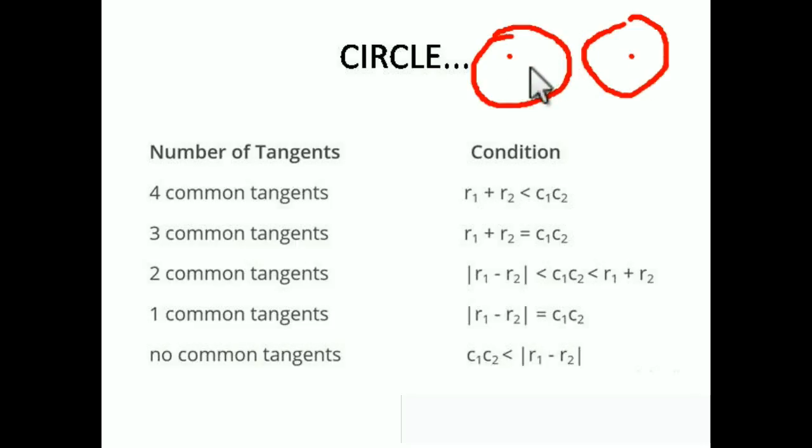The distance between the centers C1C2 is greater than the sum of the radii. You can see this is the radius R1 and this is R2, and the distance between the centers is greater than this distance. So for 4 common tangents, the condition is R1 plus R2 less than C1C2.